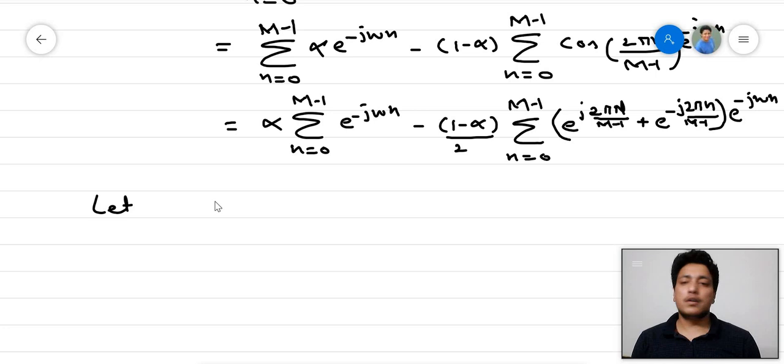For a clear representation we can write 2 pi over (M minus 1) equals beta.